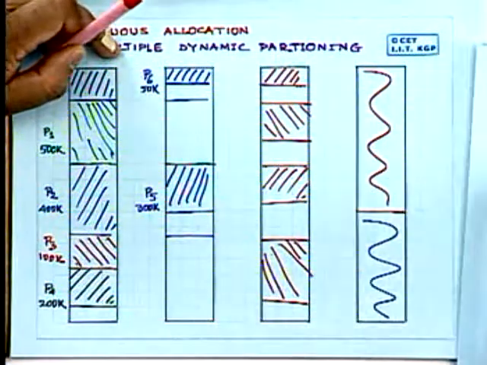Once more, after some time, as the system moves on, holes will be created and the memory will be fragmented, and if necessary we'll once more compact it to create one chunk of free area in the physical memory, so that more processes can be brought into the picture.